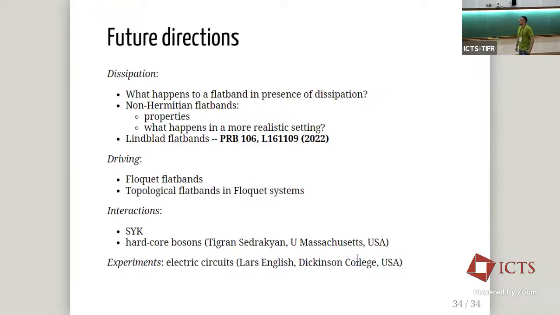Here it's pretty simple. I keep forgetting the exact argument, but let me be precise: so long as you have finite range hopping and translation invariance, you're guaranteed to have a compact localized state.